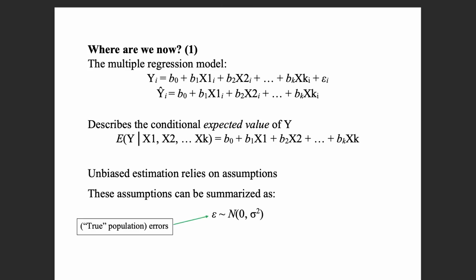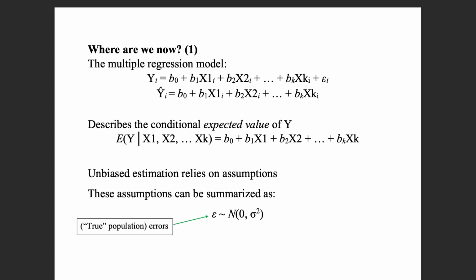So these assumptions, as we already mentioned, of course, are really assumptions about the true population errors. So not the residuals that you observe in your sample data, but the true population errors that you would get for all of the observations in the, let's say, true population regression.